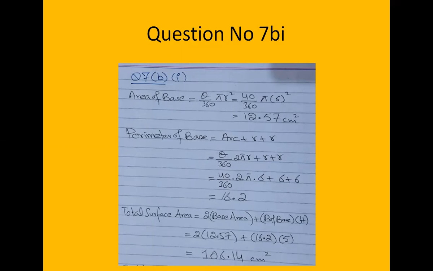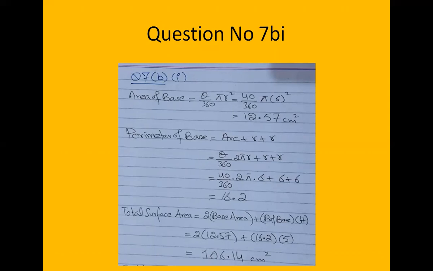So 40 by 360 multiplied by 2 multiplied by pi multiplied by 6 plus 6 equals 16.2 centimeters. The formula for the total surface area of the prism is 2 times the base area plus the perimeter of the base into the height of the prism. So it will be 2 into 12.57 plus 16.2 into 5, and that will be 106.14 centimeters square.